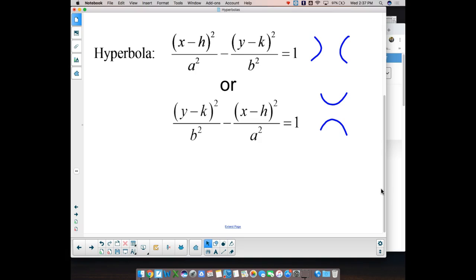So far you should have noticed the pattern between all of them, because we've kept the pattern the same throughout. X goes with H, goes with A. H-A-X. And that opens left and right in hyperbolas.